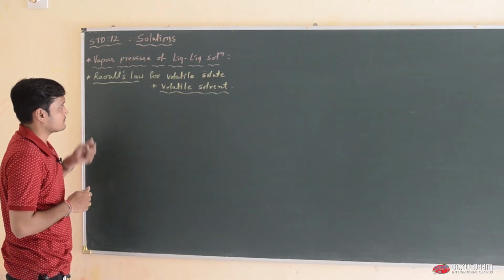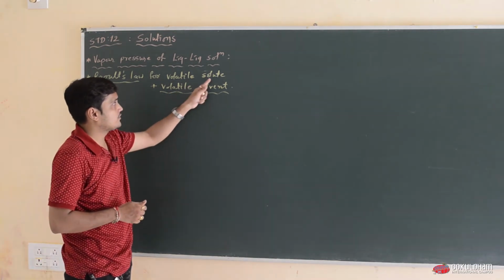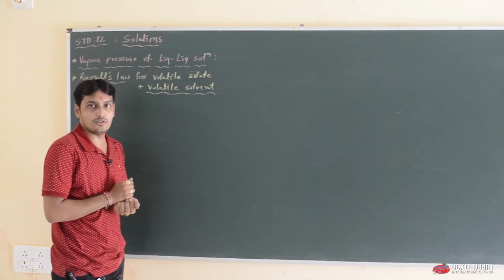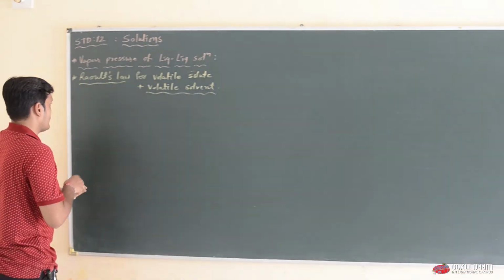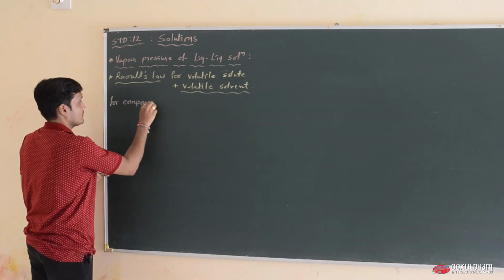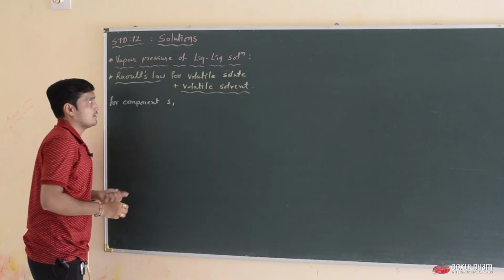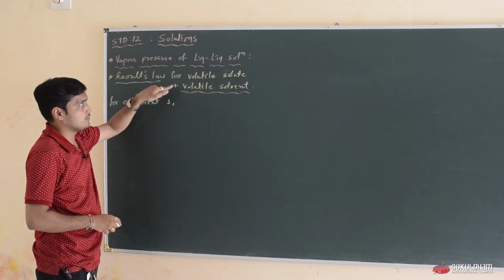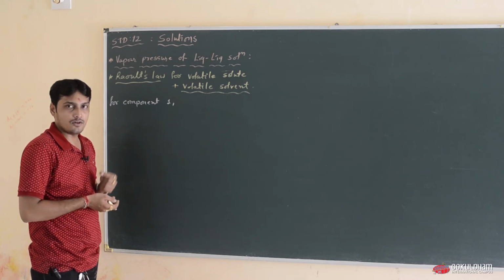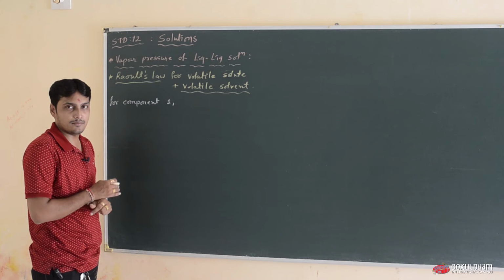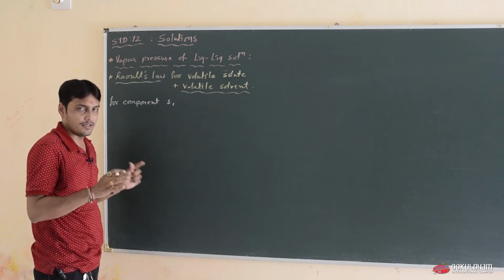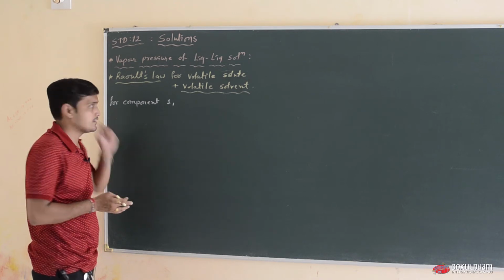First of all, we identify this solute as component 1 and this solvent as component 2. So for component 1, Raoult's law is the same also for a volatile plus volatile solution. The vapor pressure of each component is directly proportional to the mole fraction in the solution. The rule is the same as for non-volatile solids.